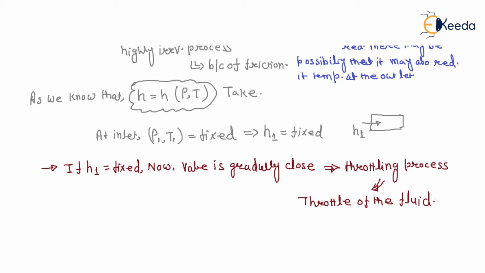During the throttling, you fix the enthalpy at a given pressure and temperature. Now we reduce the passage in between. If the fluid is flowing through the reduced passage, then that fluid is throttled, right?